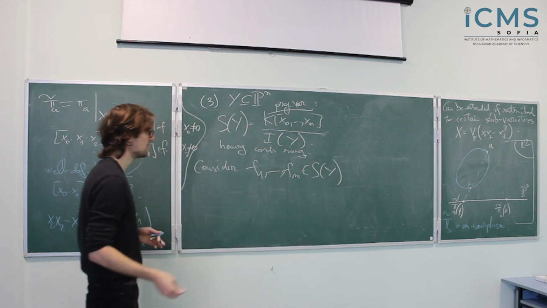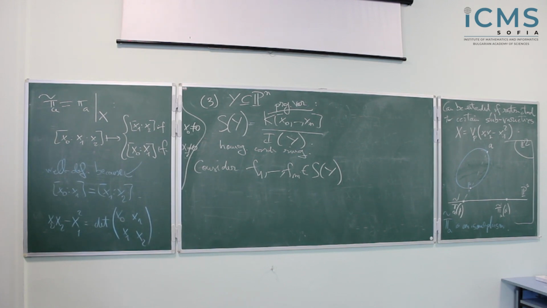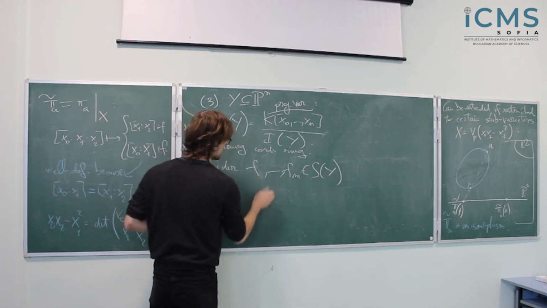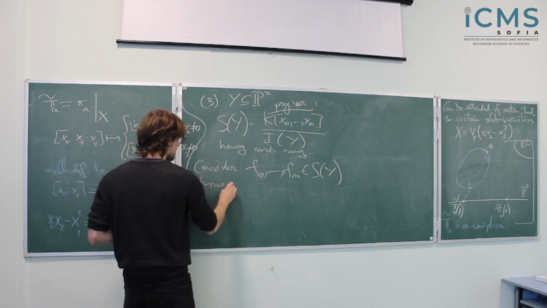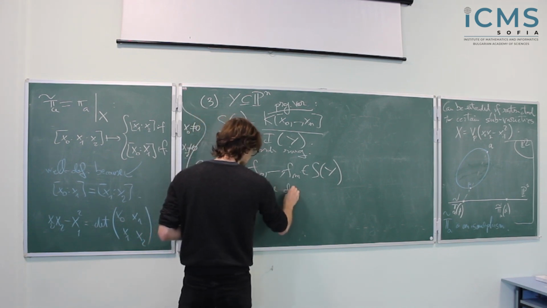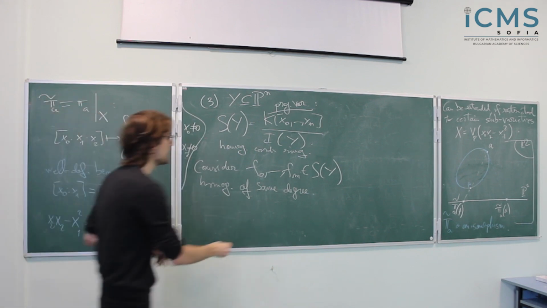Let's take m+1 polynomials f0 through fm, homogeneous of the same degree, and define a map.